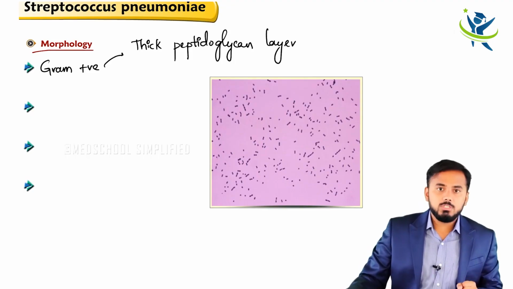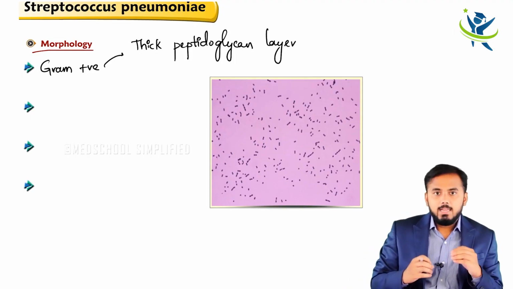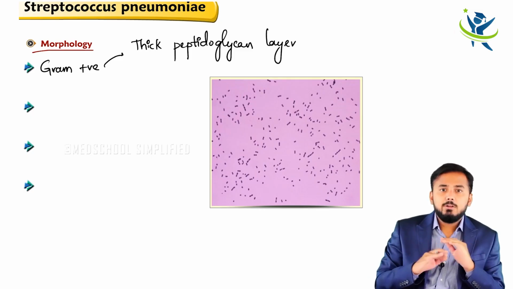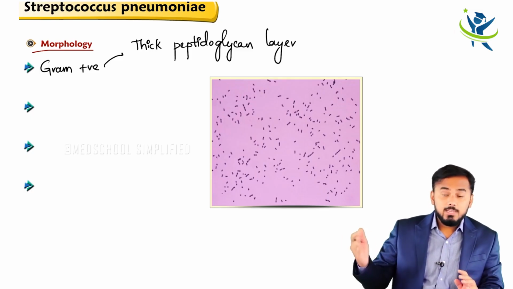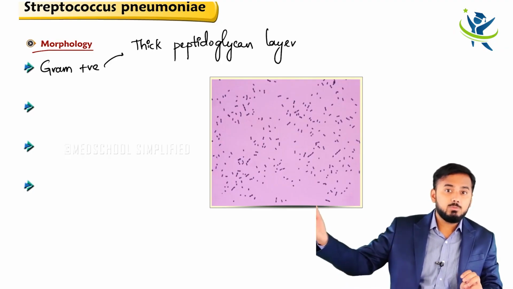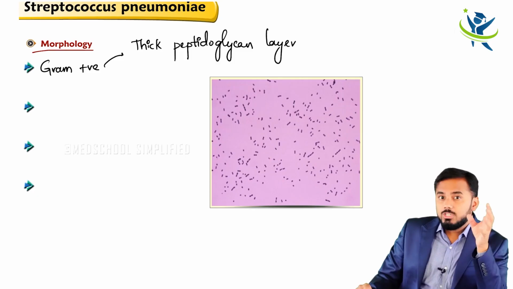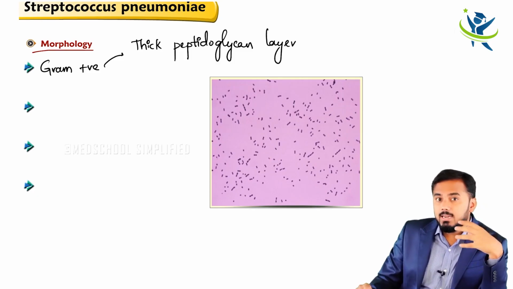Now the next morphological feature is that this bacteria, unlike the Clostridium species, does not release spores, whereas Clostridium bacteria release spores. Now why are we discussing spores? Because Clostridium species release spores.